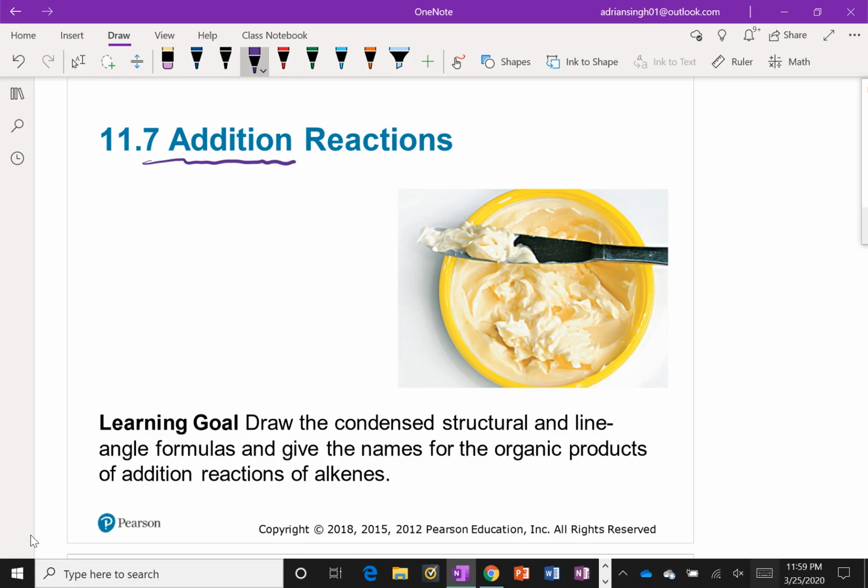And the reason why they're called addition reactions, believe it or not, is because things, or we're going to say atoms, can be added.